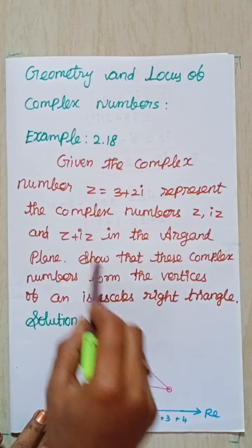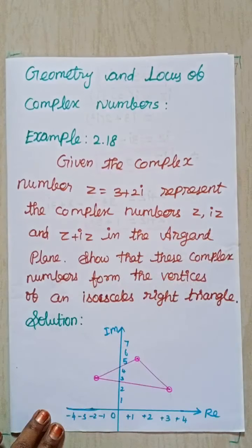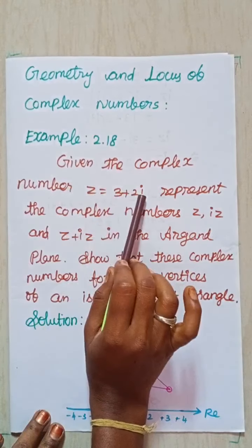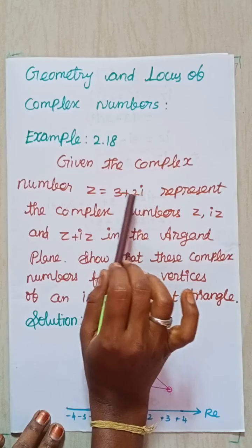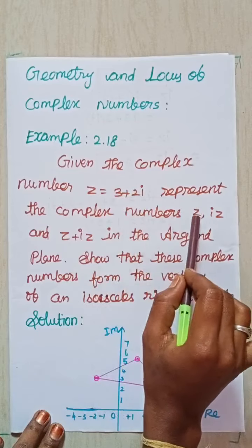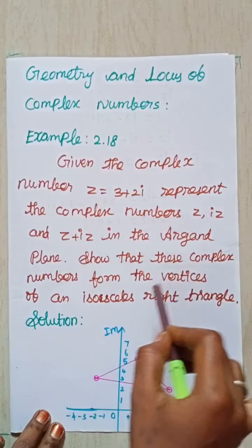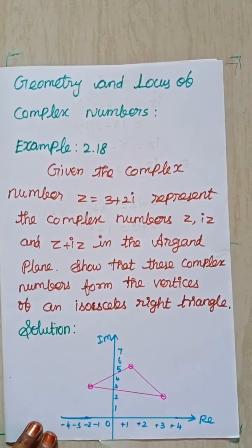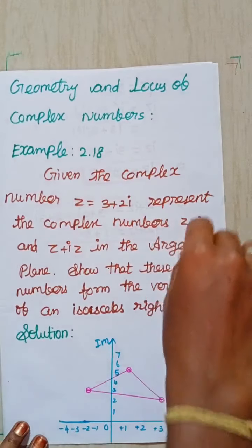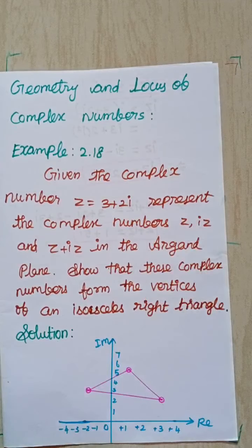To prove that these vertices form an isosceles triangle. Am I right? z is a complex number given as 3 plus 2i, and z, iz, z plus iz are the vertices of an isosceles triangle. Okay, to prove that these are the vertices of an isosceles triangle.